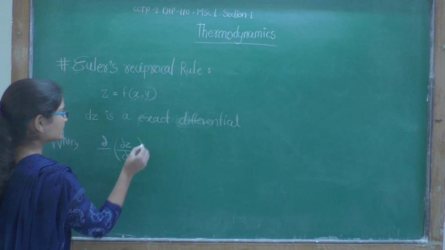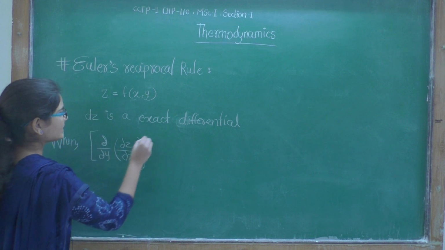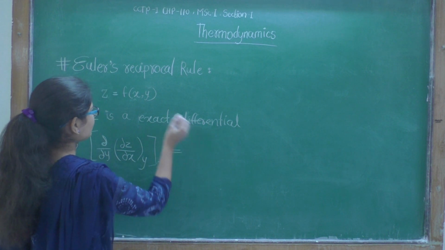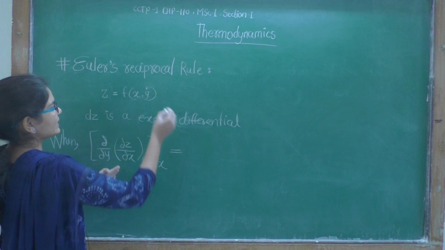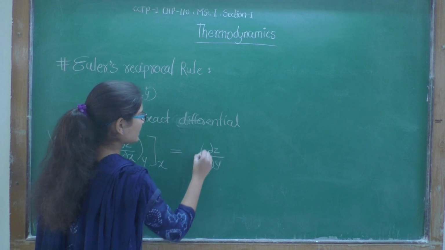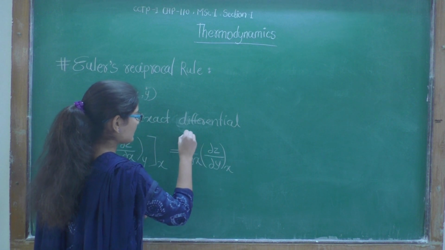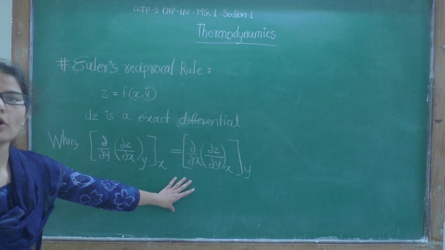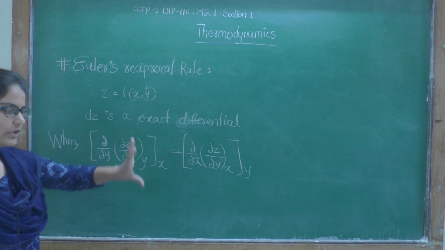Now y was first constant, now let's differentiate with y, and the whole thing at constant x will equal to, now first we have taken ∂z/∂x, now we will take the differential with respect to y, ∂z/∂y at constant x, and then ∂/∂x at constant y. If this condition is followed, then only dz is the exact differential.